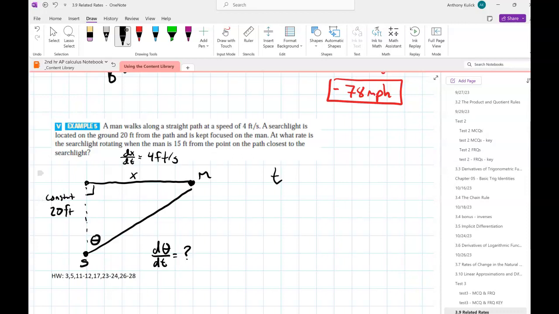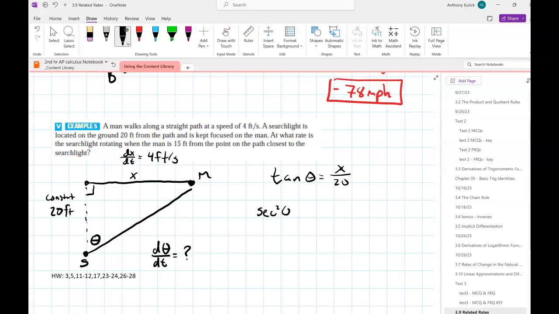Okay, so we can say tan theta equals opposite over adjacent. Everybody's okay here? Okay. So if we do the derivative, what's the derivative of tangent?